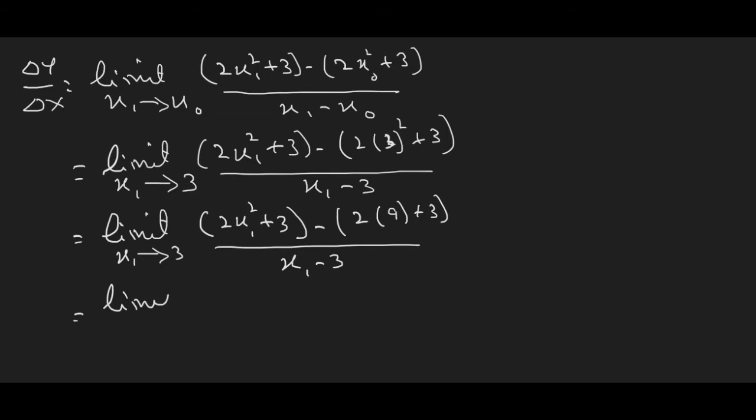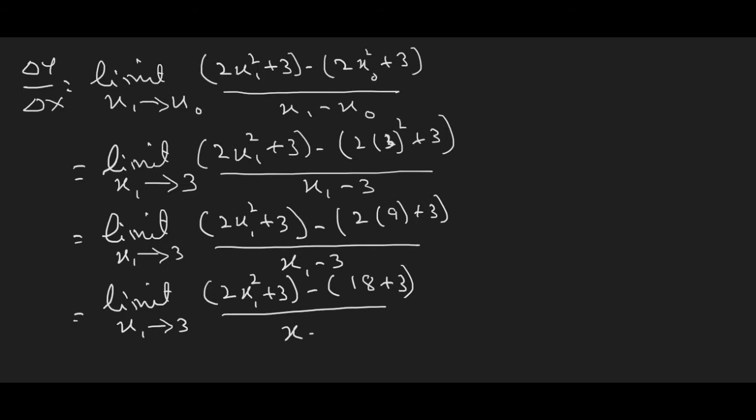Limit x1 approaches to 3, 2x1 square plus 3 minus 18 plus 3 whole divided by x1 minus 3.